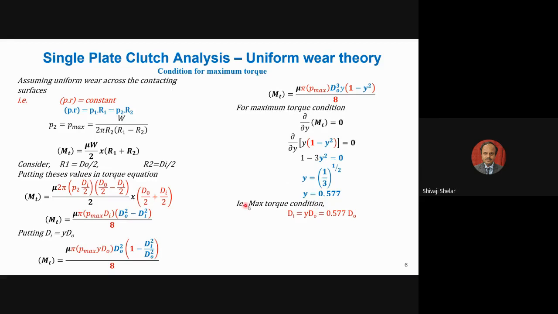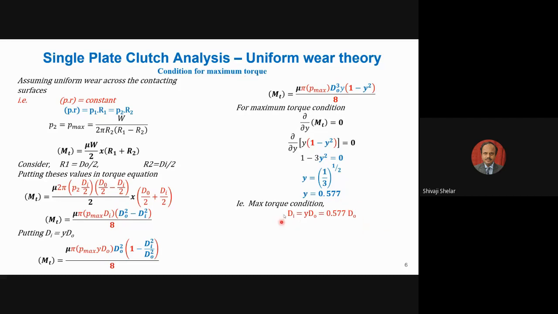So that is the maximum torque condition. For it, the inside diameter of your friction disc has to be y do, that is, y should be equal to 0.577. Your inside diameter should be 0.577 times do. This is the ideal inside diameter condition for maximum torque to be transmitted by that clutch system.